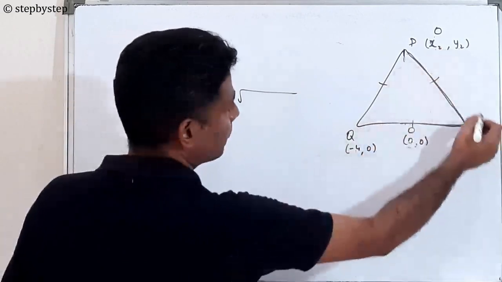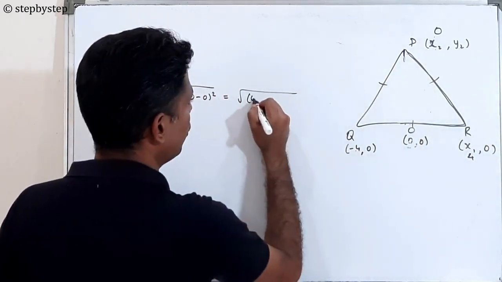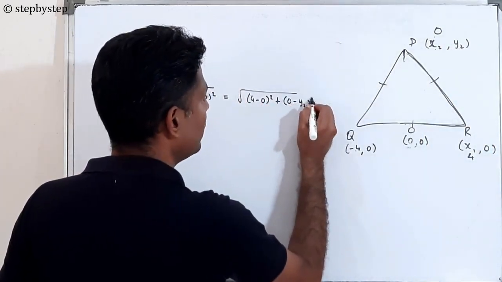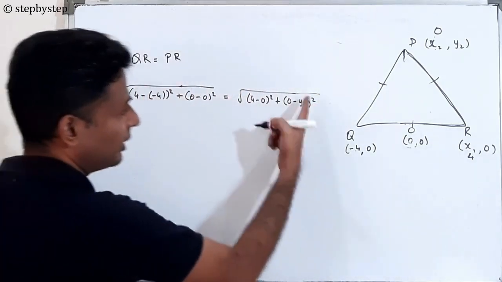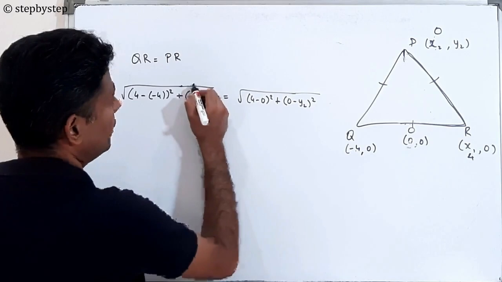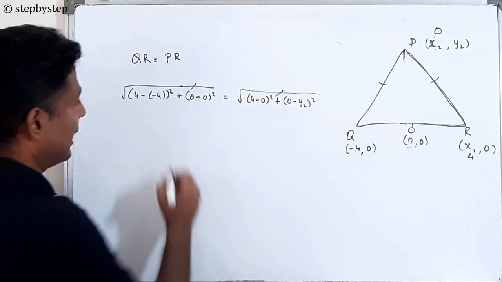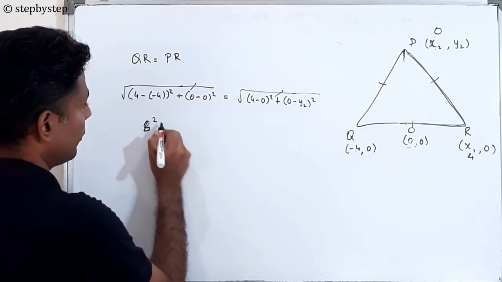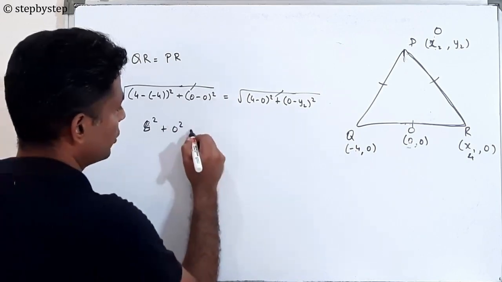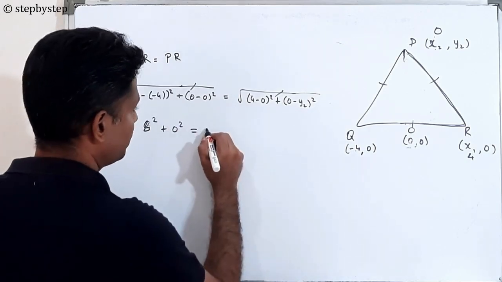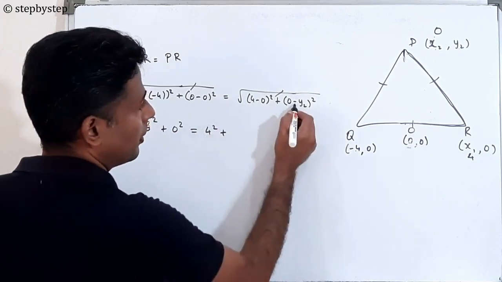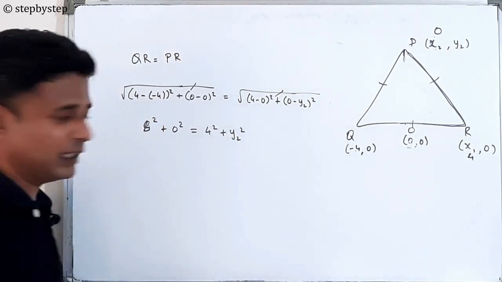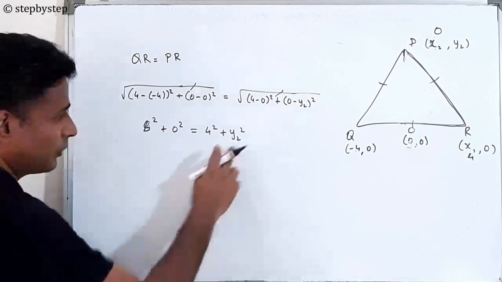Again, now what is PR? Root of (x2 minus x1, that is 4 minus 0) whole square, plus (y2 minus y1, so 0 minus y2) whole square. Here also whole square, here also whole square, so I'll square on both sides. When we square on both sides, the square root and square cancel. What do we get? 4 minus of minus 4, 4 plus 4, that is 8 square, plus 0 minus 0, 0 square, equal to 4 minus 0, 4 square, plus (0 minus y2) whole square, which is minus y2 into minus y2, plus y2 square.